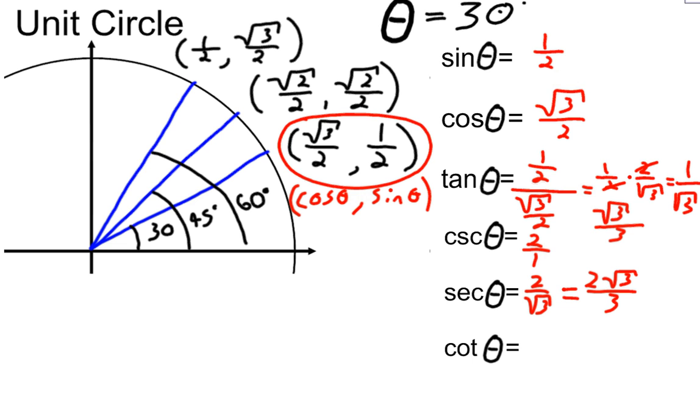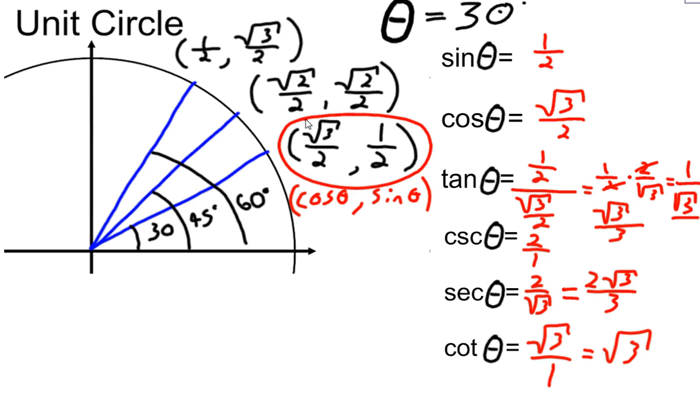And cotangent, well, I don't want to take the one with the radical on the numerator. I'm going to take the tangent when it was on the denominator and reciprocate it, and I just get square root of 3 over 1, or square root of 3. So there you have the sine, cosine, tangent, and the 6 trig functions for 30 degrees.